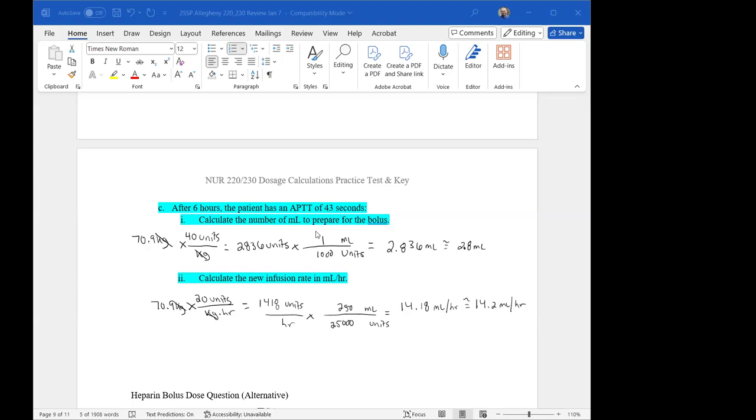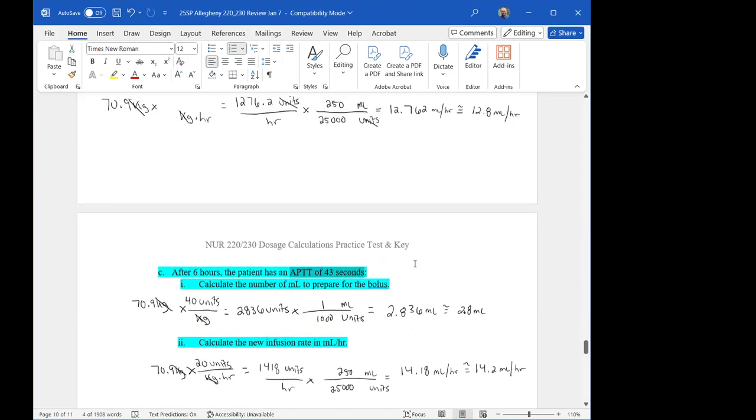If you need to do this, which I don't think so, I don't know that I've even seen anyone have this as a question, but just in case, if they give you this and you have the whole protocol to look at, this is where you use those additional steps. Like you see here, it says APTT of 43 seconds.